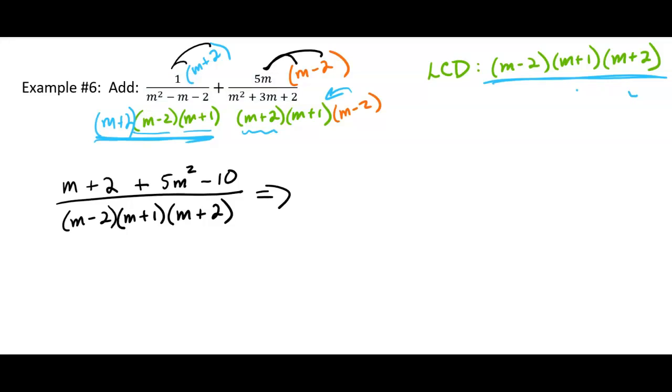Okay, so you have this numerator here, all of this stuff up here. And we want to write it in standard form, so I'm going to want 5m squared plus m minus 8. Double check, make sure I didn't leave anything out, over the LCD.